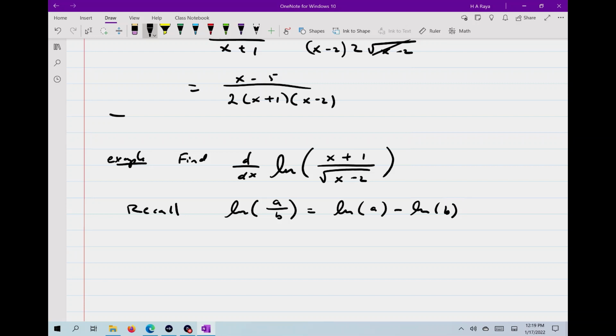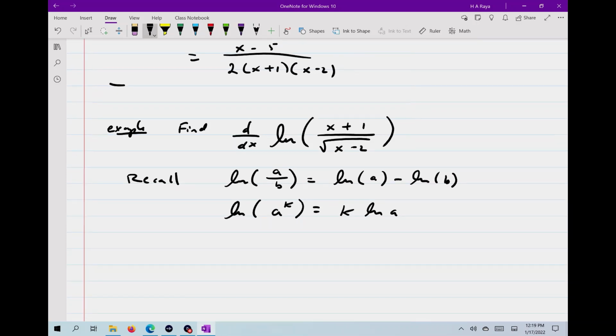Also, whenever we have a logarithm of an element raised to a power, we can rewrite this as the power times the log applied to a.